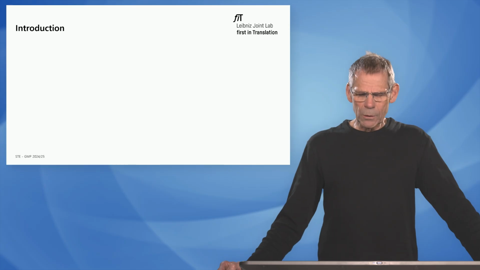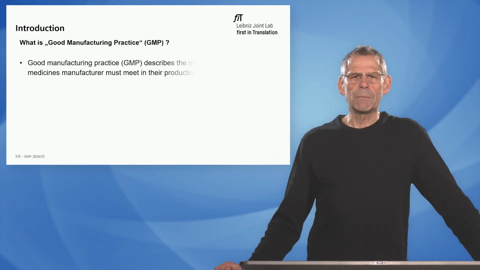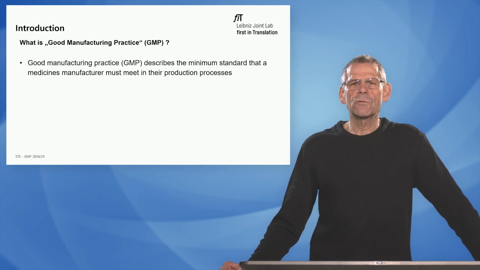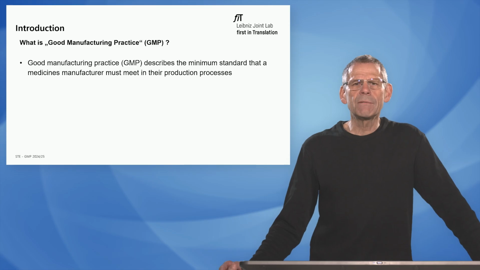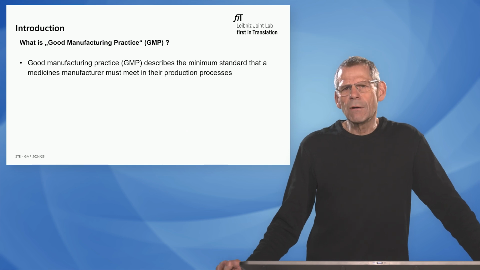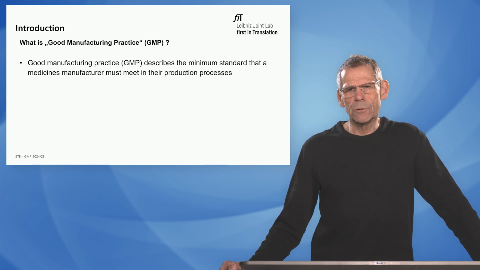So now, what is GMP, or what is a good manufacturing practice? Good manufacturing practice describes a minimum of standards that medicine manufacturers should meet during their production processes, or the overall production process from supply chain to the distribution.